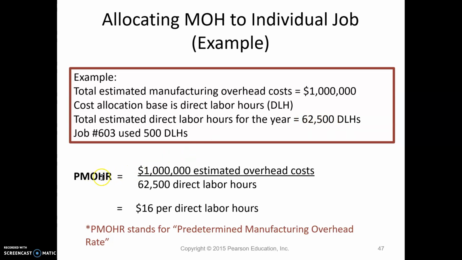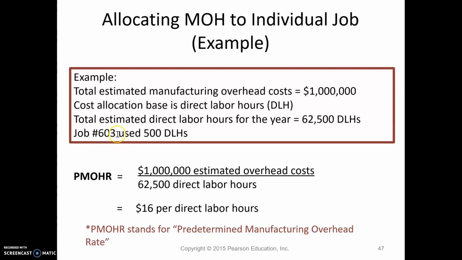So to get our predetermined overhead rate, we're going to take the $1 million of estimated overhead and divide it by 62,500 direct labor hours that we've also estimated. So when we divide that, we see that our manufacturing overhead is going to be $16 per direct labor hour.